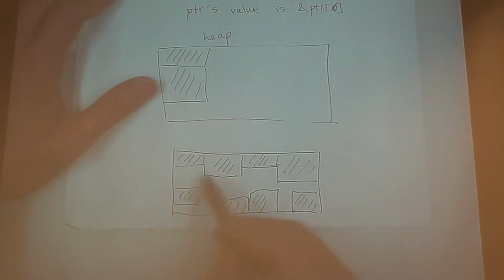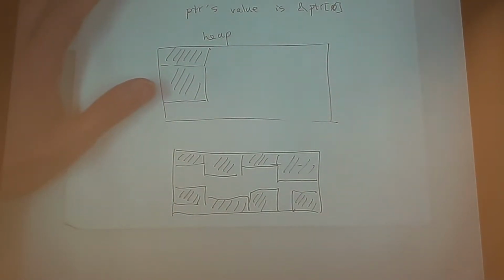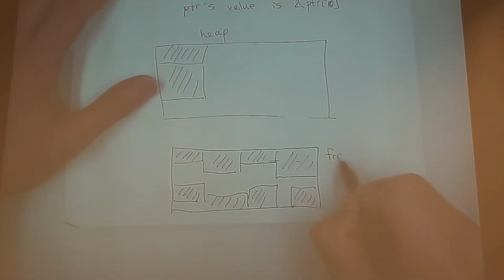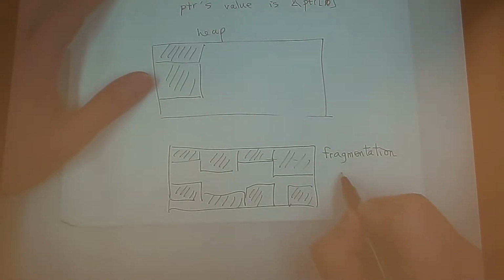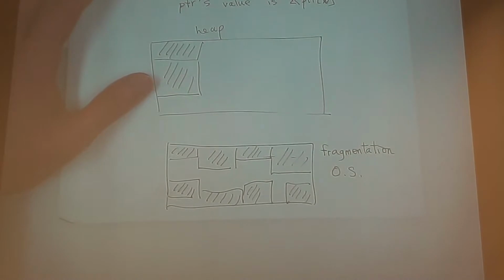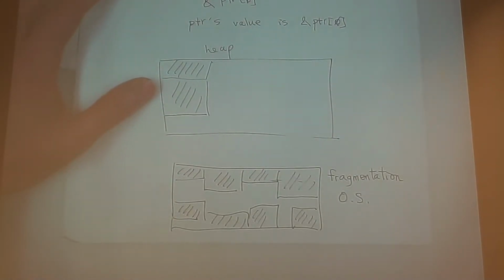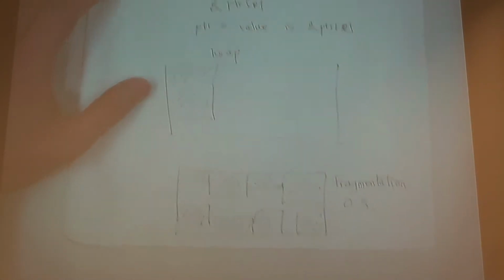Then even though you have enough memory overall, you don't have one chunk of memory that's big enough, then malloc will fail. This is a problem in operating system called fragmentation. You'll learn this in operating system. Depending on the operating system, sometimes they will defragment, sometimes they don't. So it's correct, if you have memory but not a big enough contiguous chunk, malloc will fail.